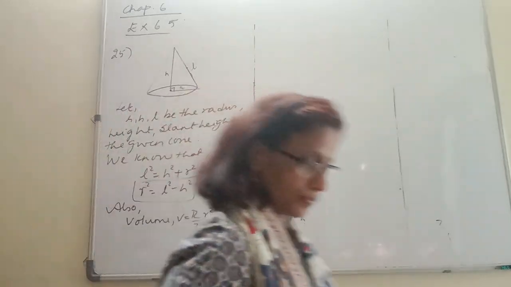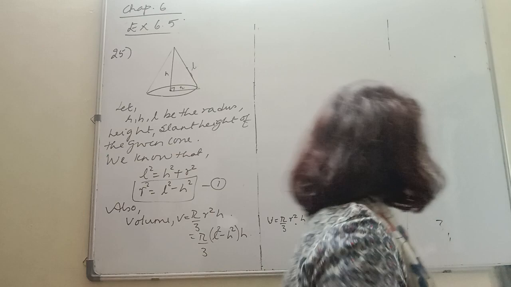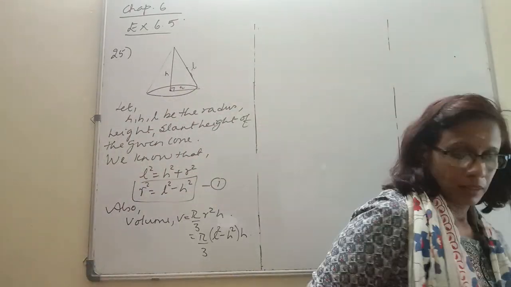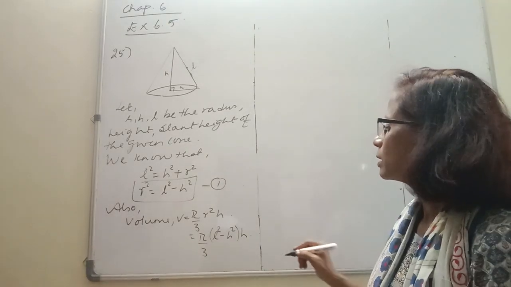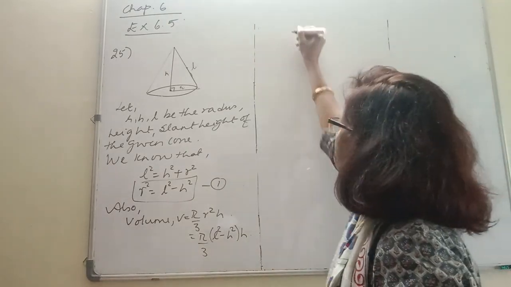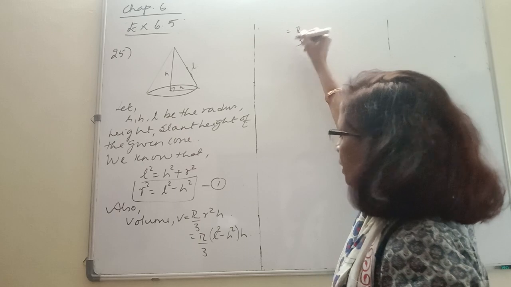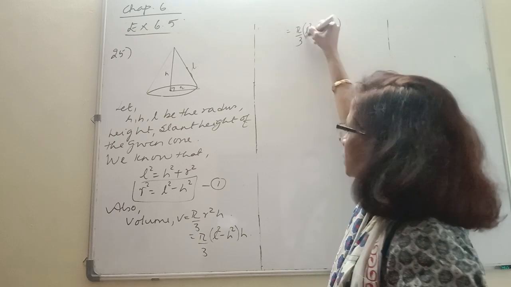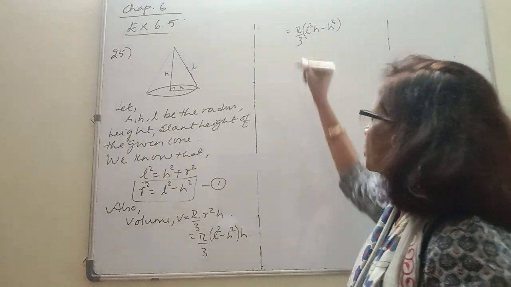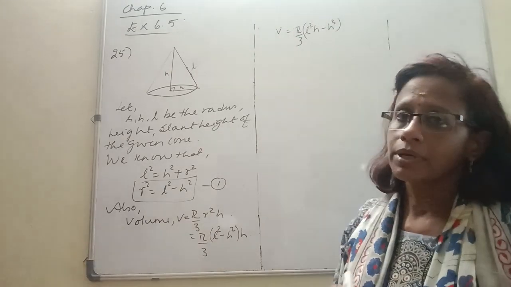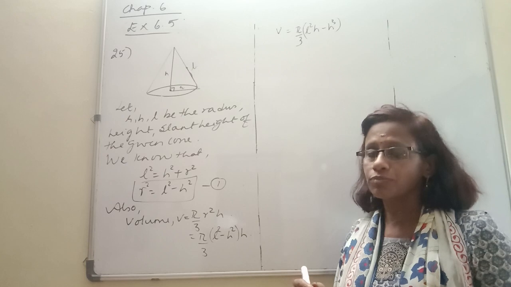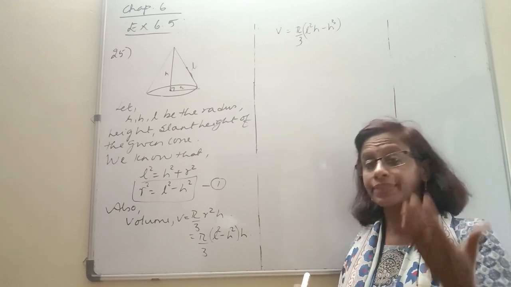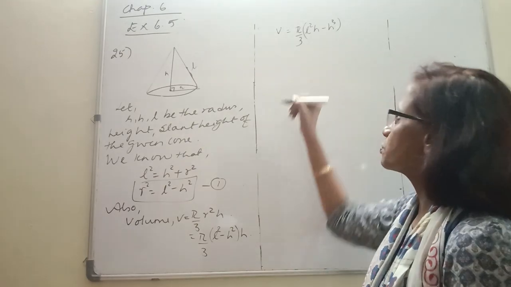So V is pi over 3 times l squared h minus h cube. Alright, so that's our volume. Now in the next step, obviously we need to get dV by dh and the second derivative, then the critical points and so on. So let's proceed along those lines.